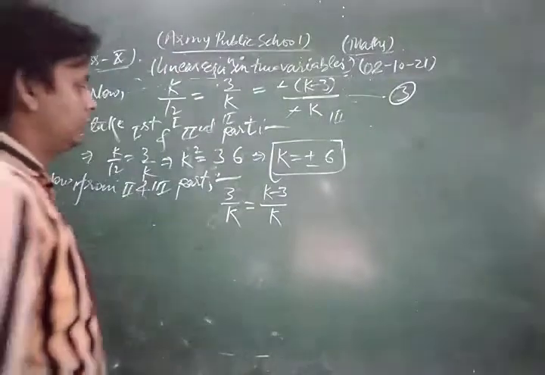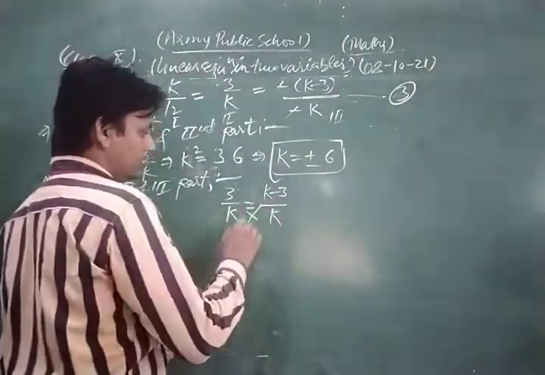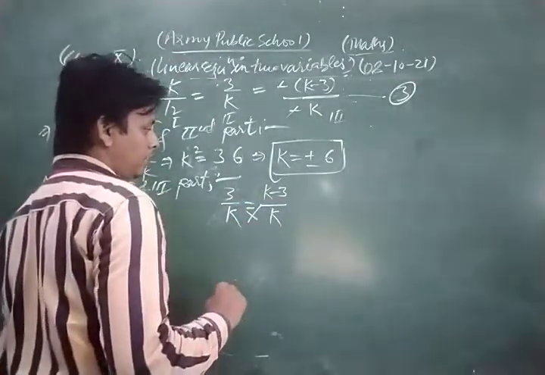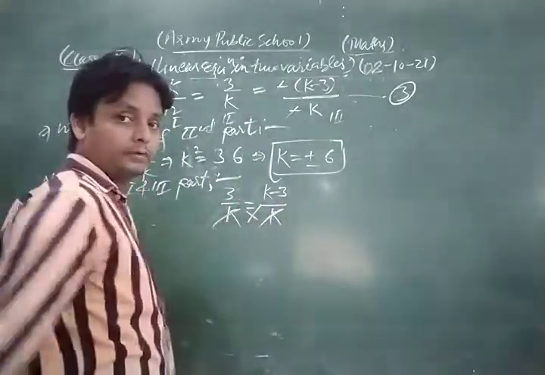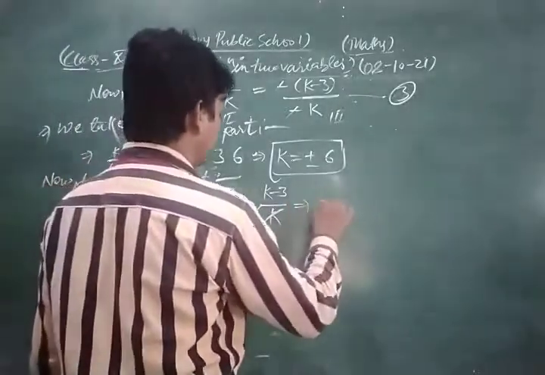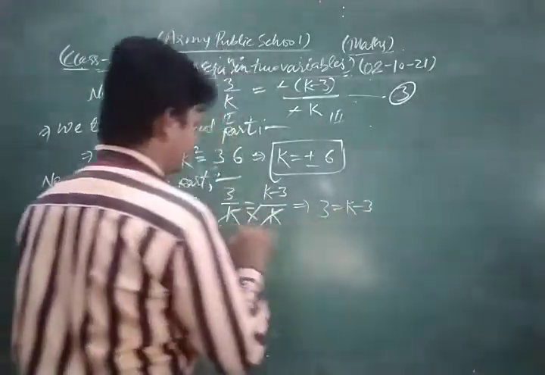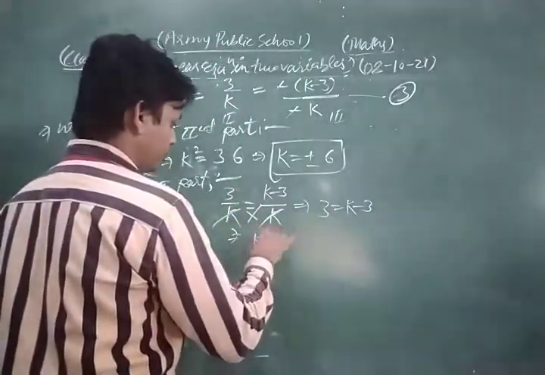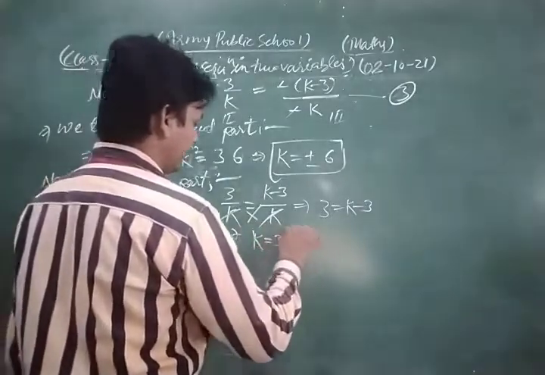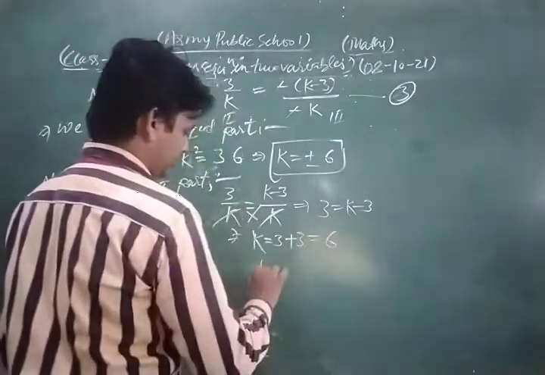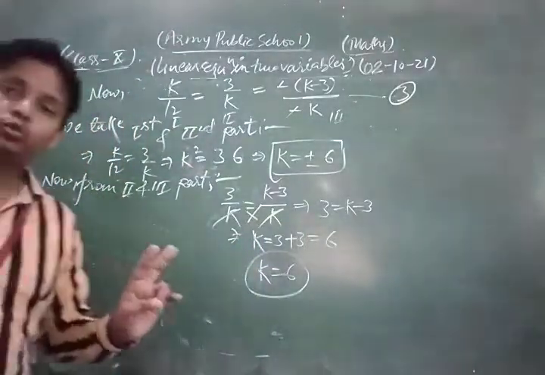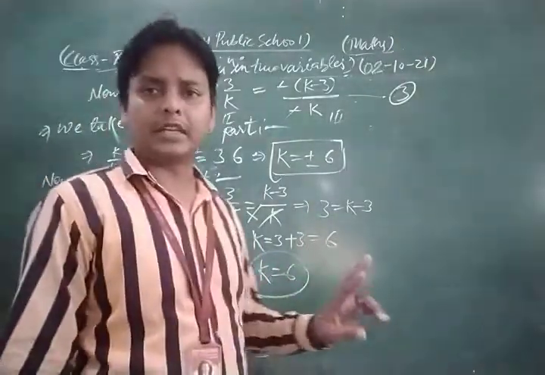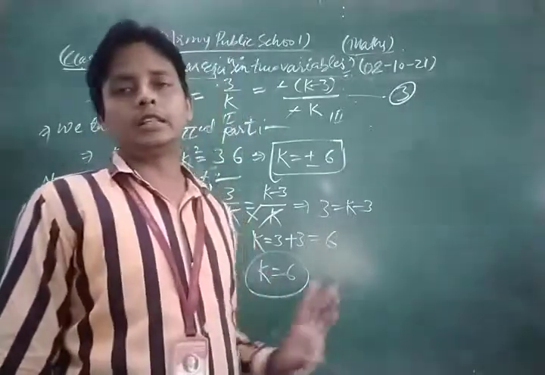Now we do the cross multiplication, or you look here, k cancels on both sides, and we have 3 is equal to k minus 3. So from these two relations we find the value of k is plus 6. So there are two candidate values of k, one is plus 6, the other is minus 6.